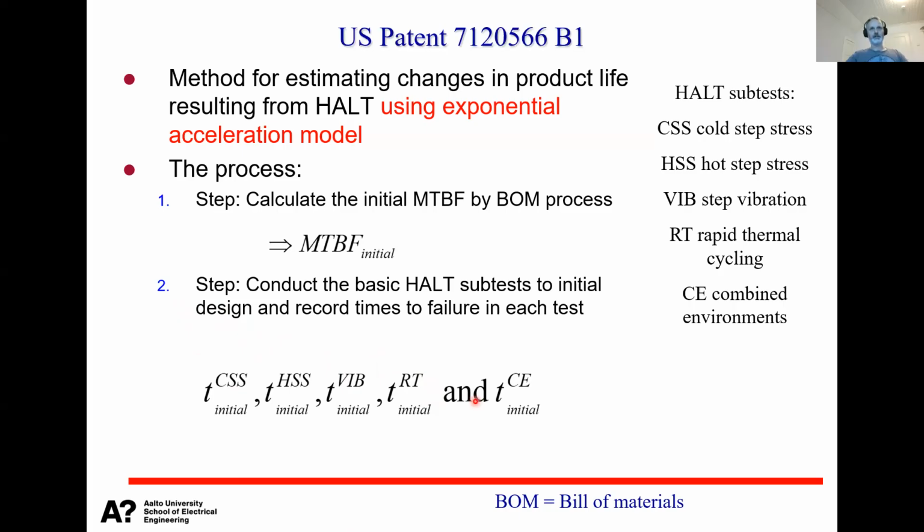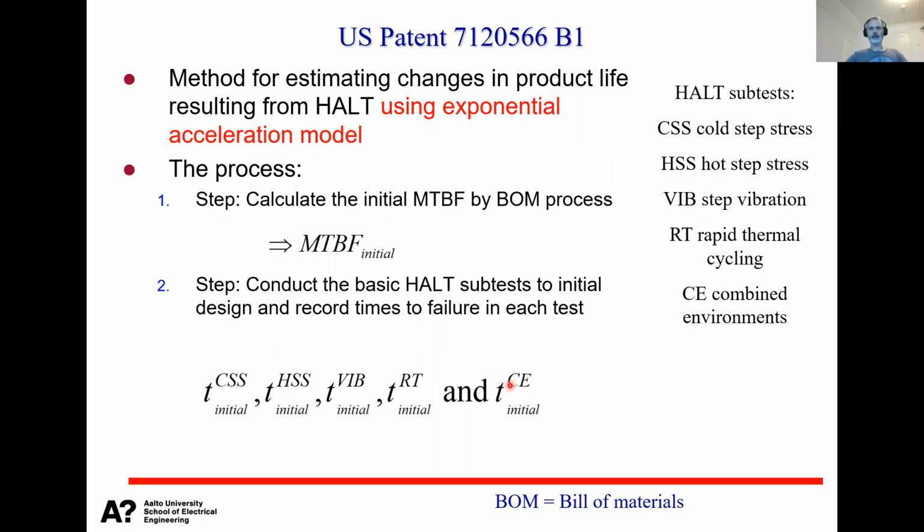Then you find the first failure. It means that your time is 1, 2, 3, 4, 5, 5 times 10 minutes, which is 50 minutes. So then you have here 50 minutes. The same with the towards high temperature, the same with vibration, the same with the thermal cycles, and the same with combined environment. So you do all these 5 tests through without yet doing any corrective actions.